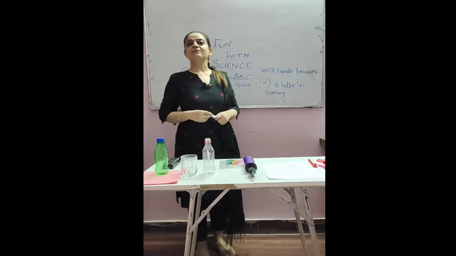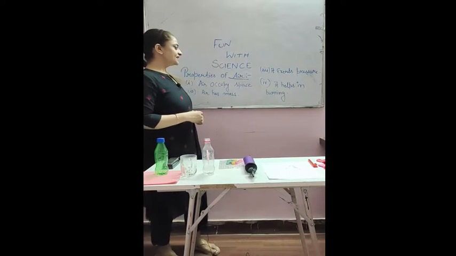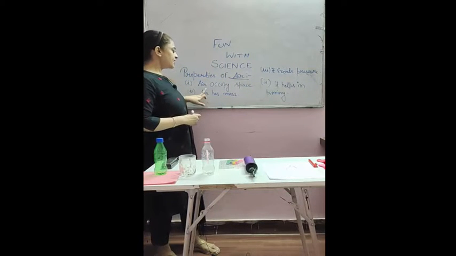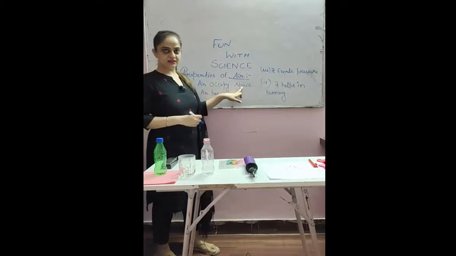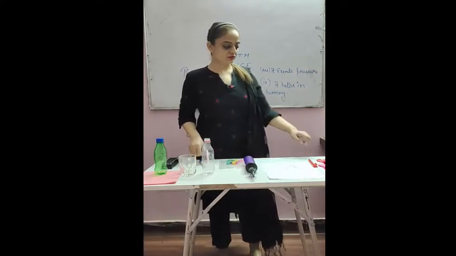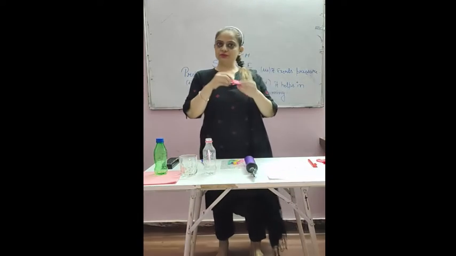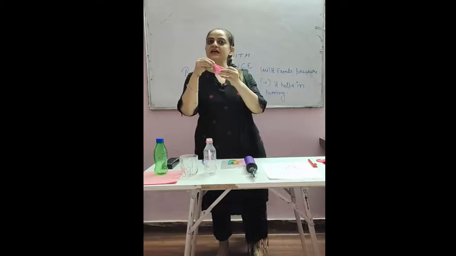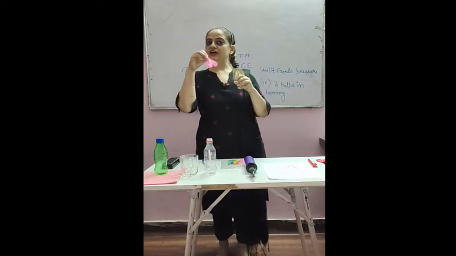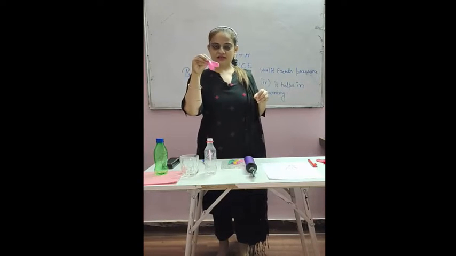Let us begin with the first property, that air occupies space. For this activity, children, you need to take one balloon. This is a deflated balloon, a balloon which has no air in it.